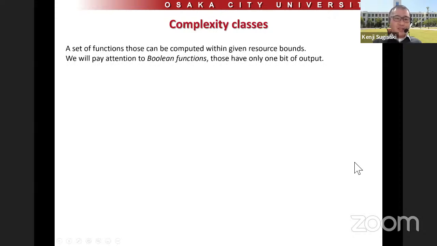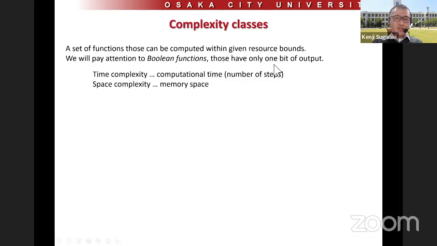The complexity class is a set of functions that can be computed within a given resource bound. There are two types of complexity. One is the time complexity, which corresponds to the computation time or number of steps of the problem. Another is the space complexity. This is roughly speaking the memory space, how much memory we need to solve it.